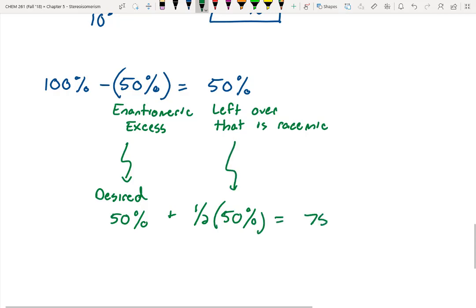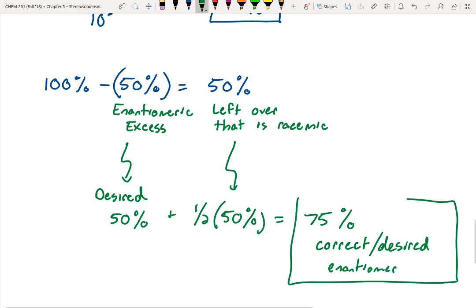That would give us a net of 75% correct enantiomer, or desired enantiomer. Does that make sense? 25% must be canceling out in some way, shape, or form, but that's not the stuff we want anyways. So it is kind of a weird numerical value.